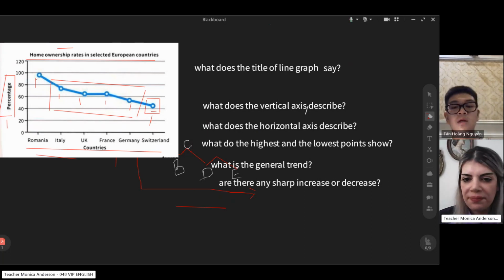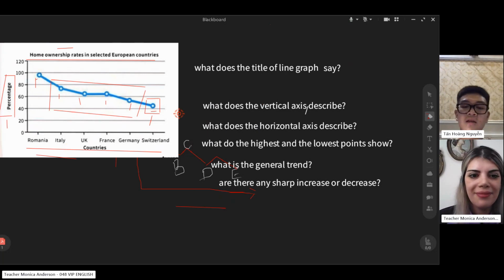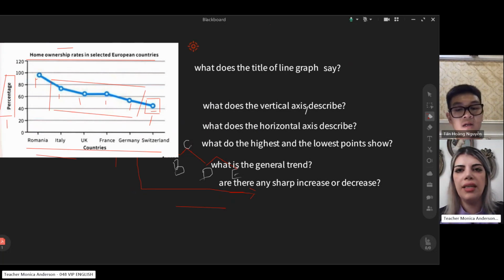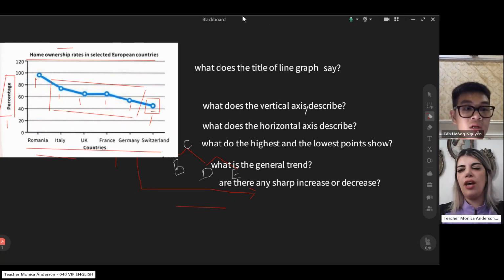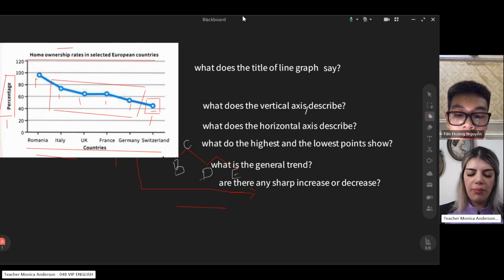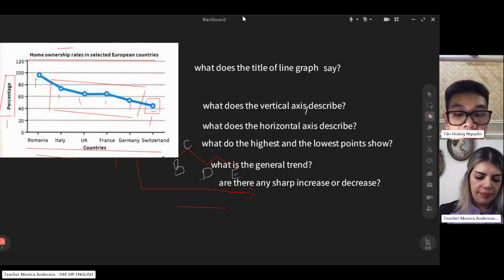Do you want? Can you take an example of a line graph that has a lot of lines? Okay, multi. Okay, of course. Let me share something. Just wait a moment to upload it.